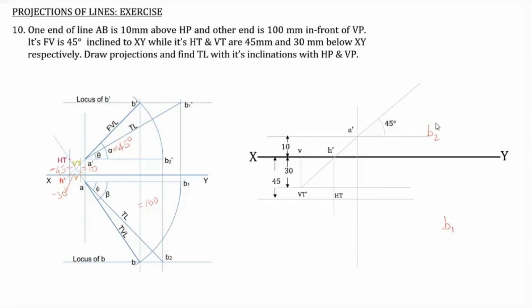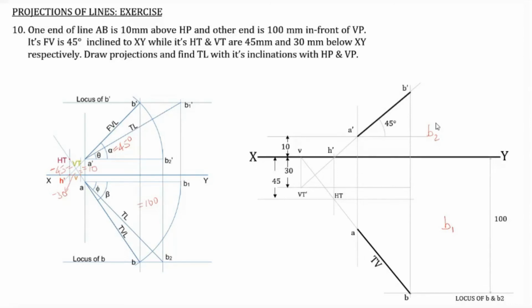Before joining, draw the locus of B and B2, that is 100 millimeter below the XY line. Then join B with the HT and extend that line in order to get point A as well as point B. Now project B to the front view so that the point B dash is obtained.